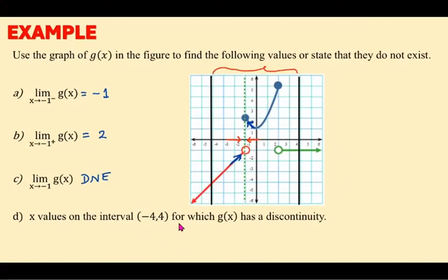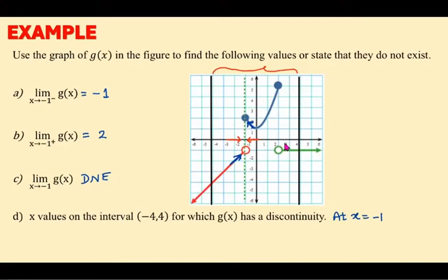Okay, on that interval, we have to find the values of x for which the function is discontinuous, or the function has a discontinuity. So you can see that the first discontinuity is here. We have a jump in the function, so that is at x equal to -1. And also we have another jump discontinuity here at x equal to 2.